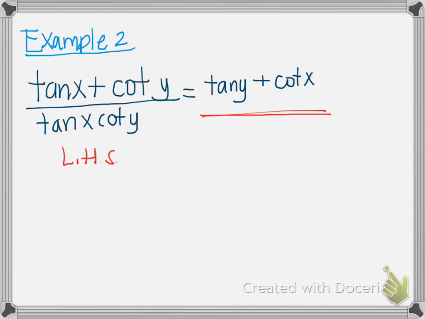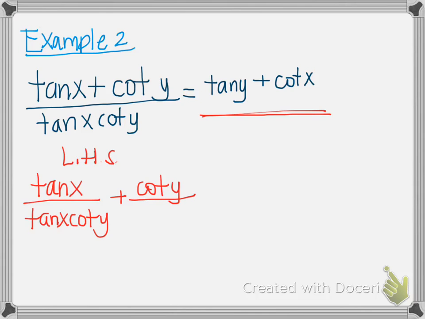So we should keep it in terms of tan and cotangent, since that's what we're trying to prove. We can break up this numerator into tan x over tan x times cotangent y plus cotangent y over tan x times cotangent y.